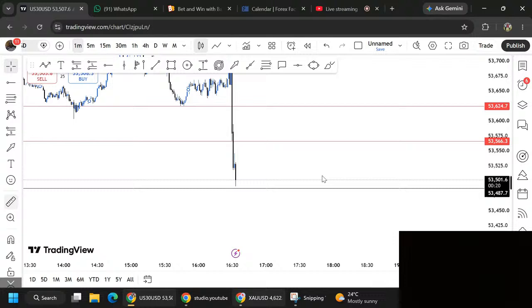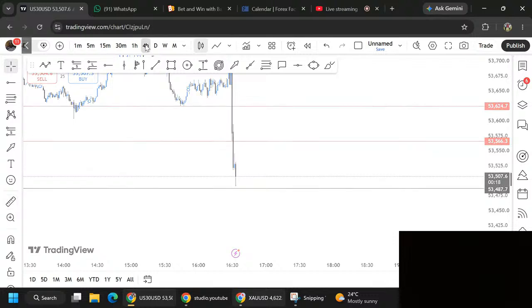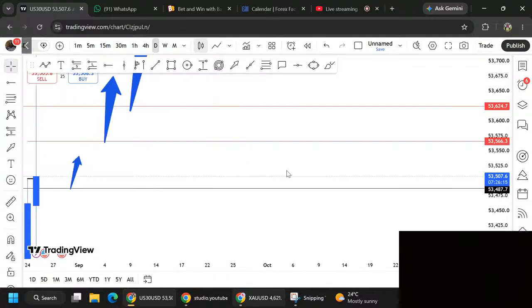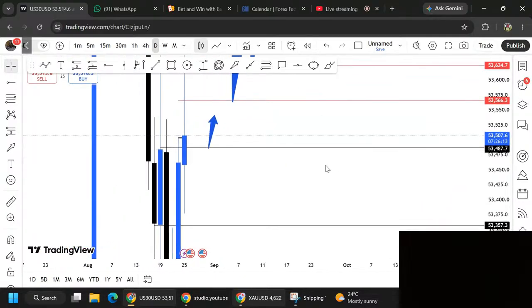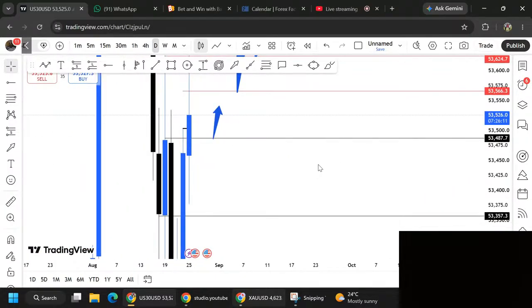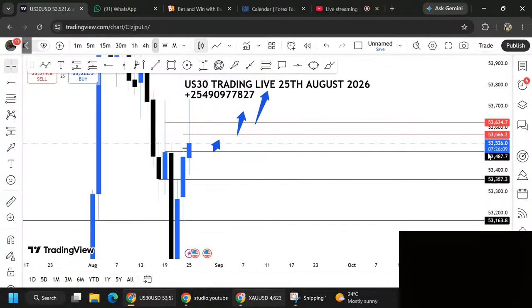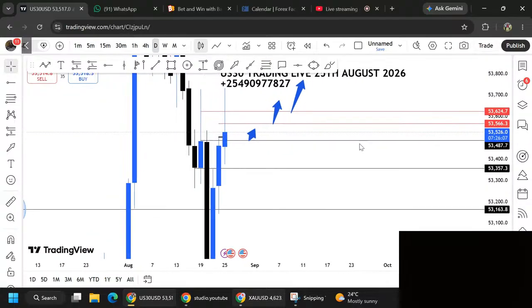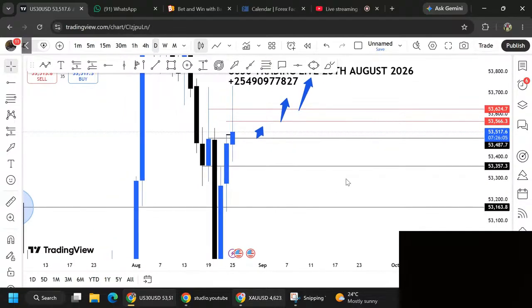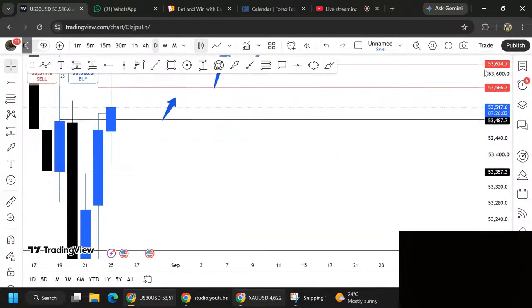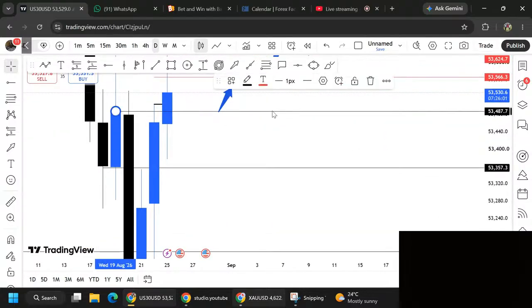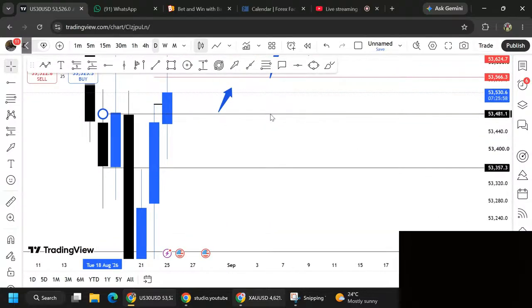Then now you can see a potential entry. Let me just confirm. I like confirming my setup. Okay, wait a minute. Okay, daily. Where's the daily? Yes, this was the daily level over here.